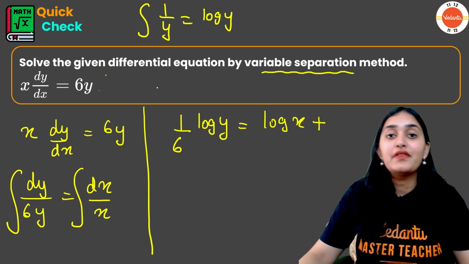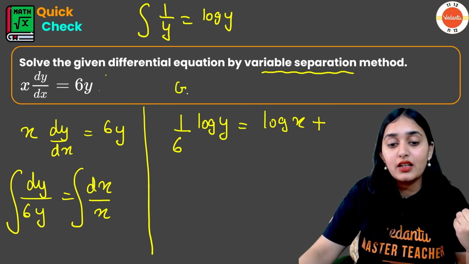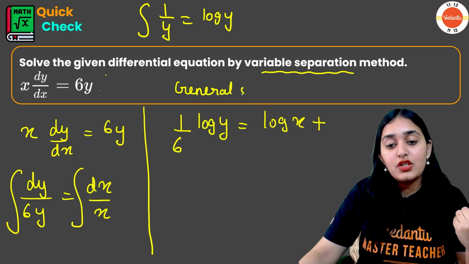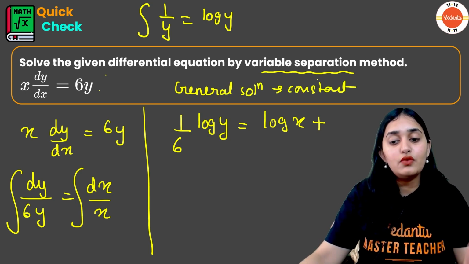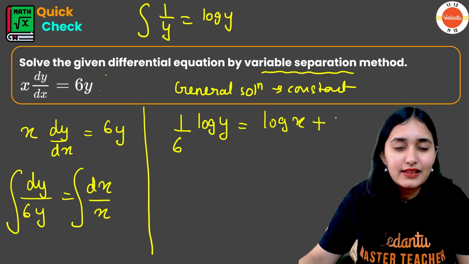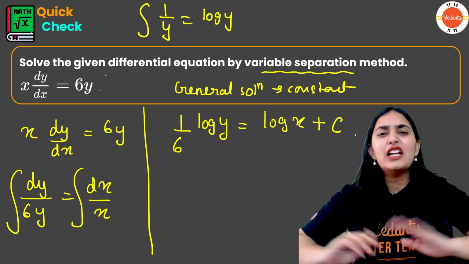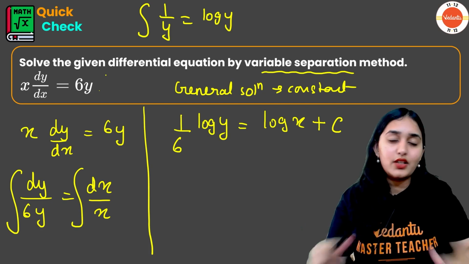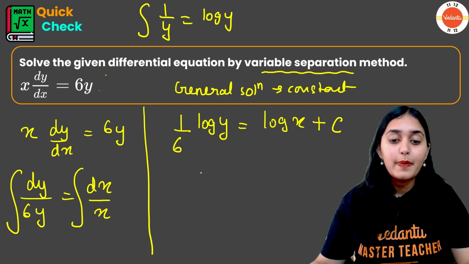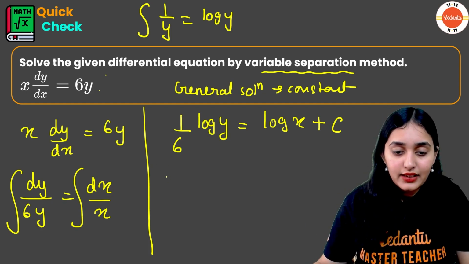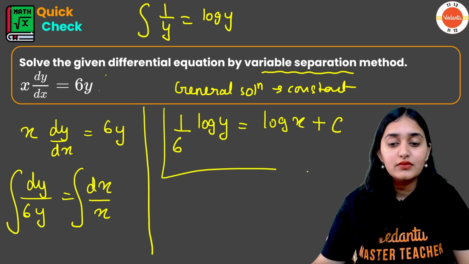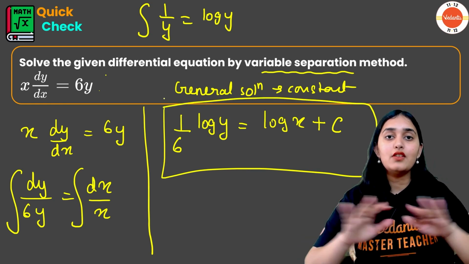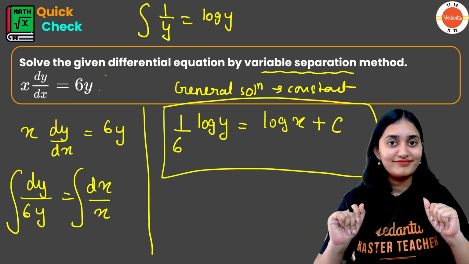Since we are finding the general solution, the general solution should have a constant. So we'll just write plus C, any constant, C, A, B, whatever you want, just write a constant. So from here we will get the solution. This is your final answer, you can stop here.